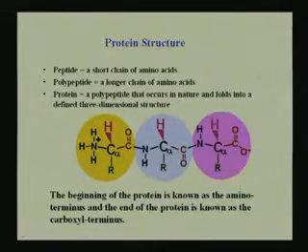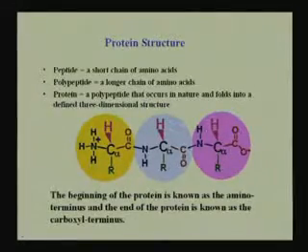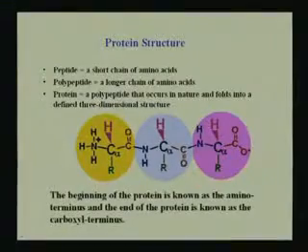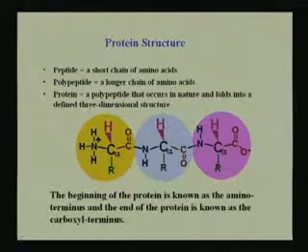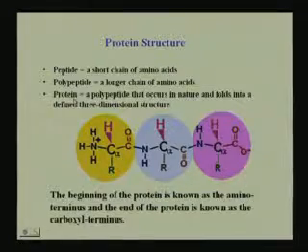The reason being that not all polypeptides fold into a definite three-dimensional structure, which is true for a protein. So a protein is a polypeptide chain of a set of amino acids that are linked together by peptide bonds, and it has a definite three-dimensional structure. So we have a peptide, we have a polypeptide, and we have a protein.